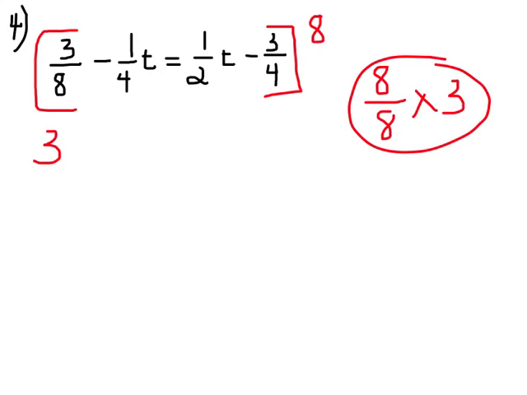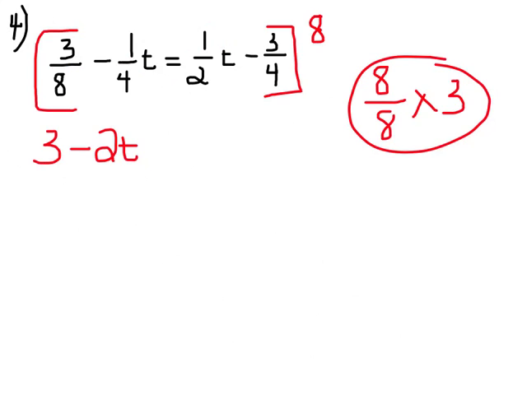On our second term, we have 8 divided by 4, which is 2, then times 1. So minus 2t. Next, we have 8 divided by 2, then times 1.